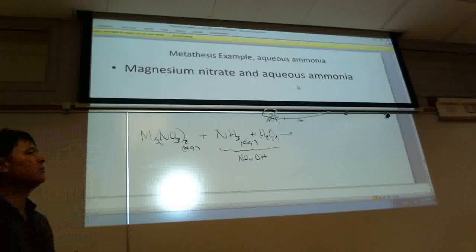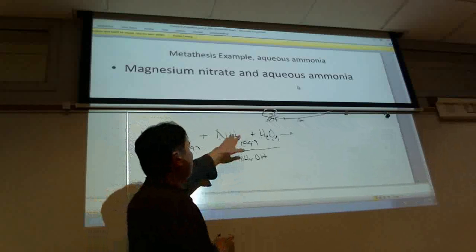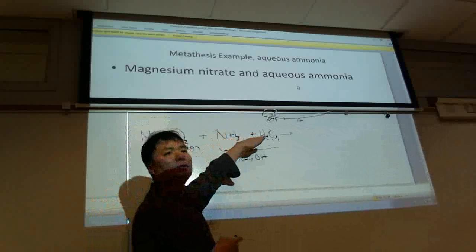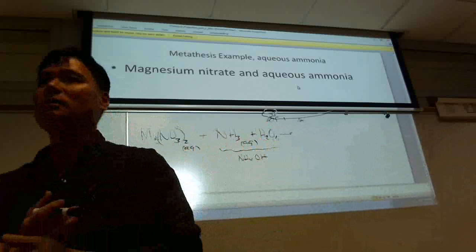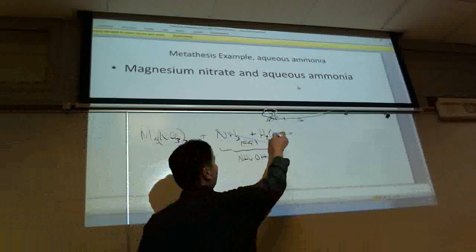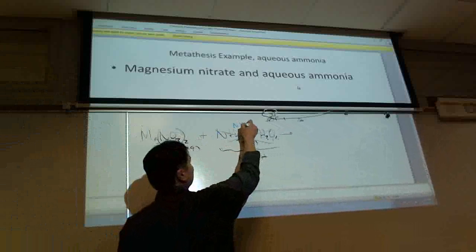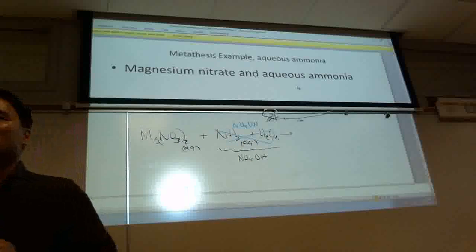And so we form some ammonium hydroxide by the partial hydrolysis. The thing about this is, why don't I just cross this out and write ammonium hydroxide? Because it's ammonium hydroxide that's actually reacting, isn't it? And so shouldn't I just go ahead and X this out and replace it with ammonium hydroxide? Okay, why not?